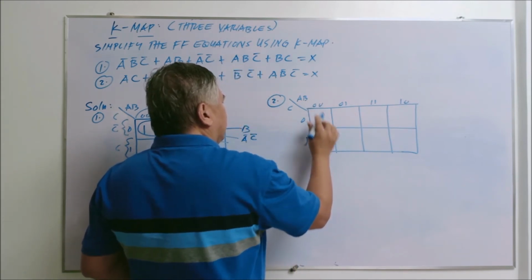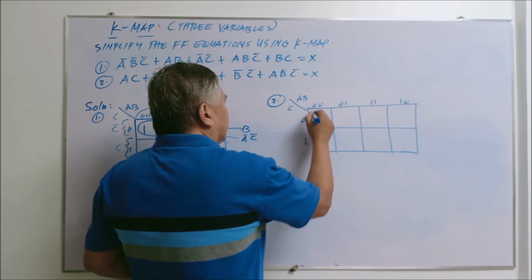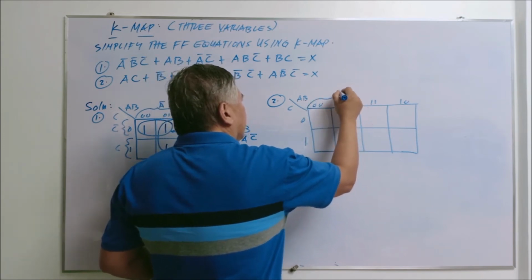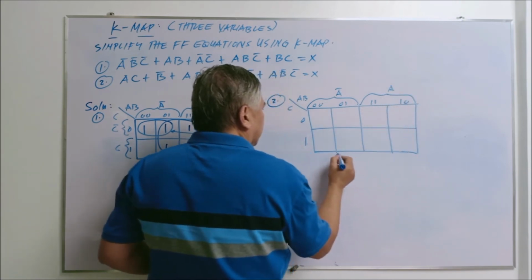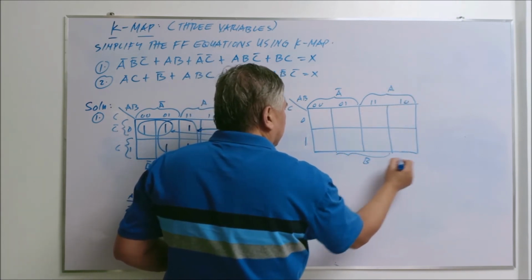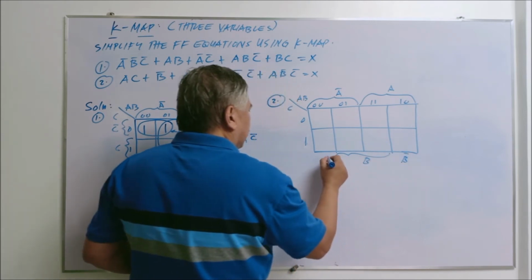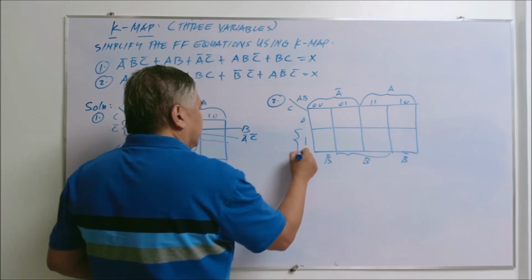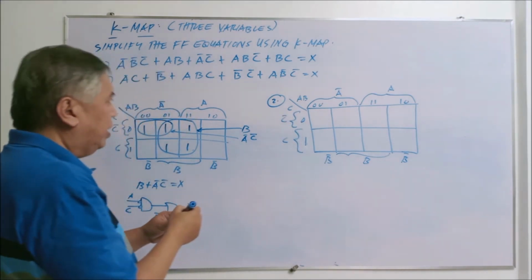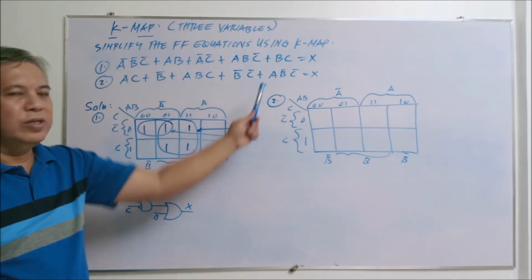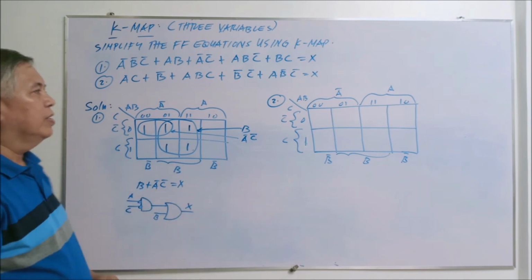So we know that this is under A bar, this is under A, B, B bar, B bar, C, and C bar. Okay? Then we locate this particular equation into our map.